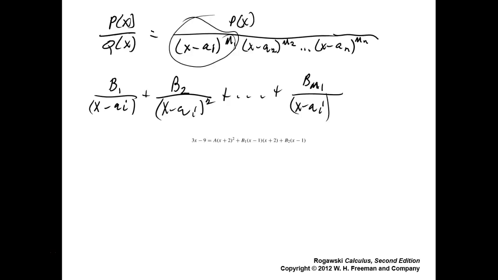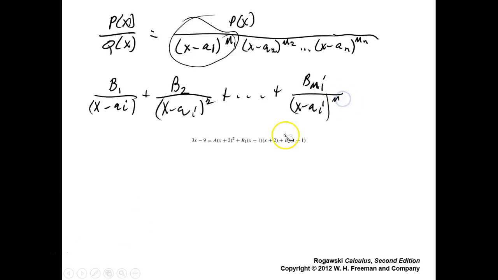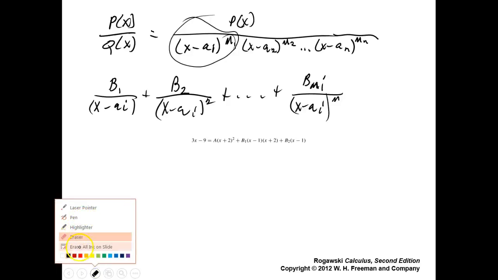Why did they change the i's? I thought this was the first factor, but it's m sub i. I'm sorry, I was looking at the wrong thing. This is for any one of them, raised to the m sub i power.